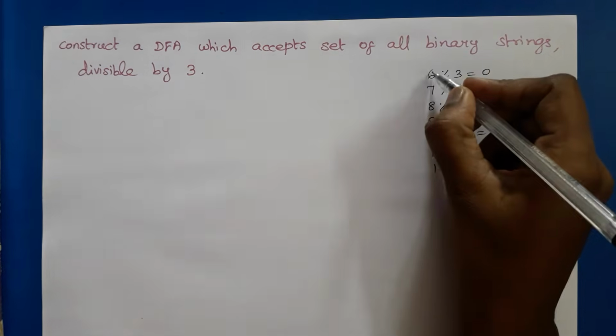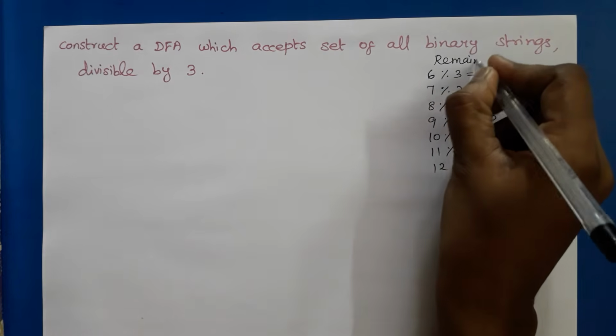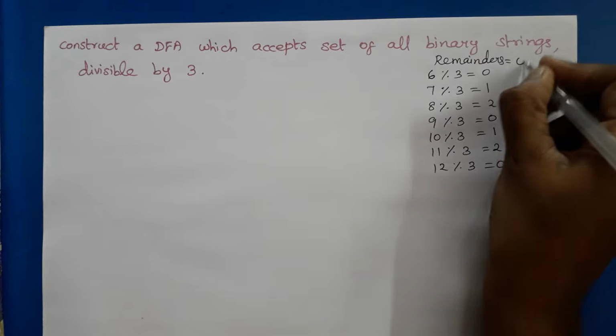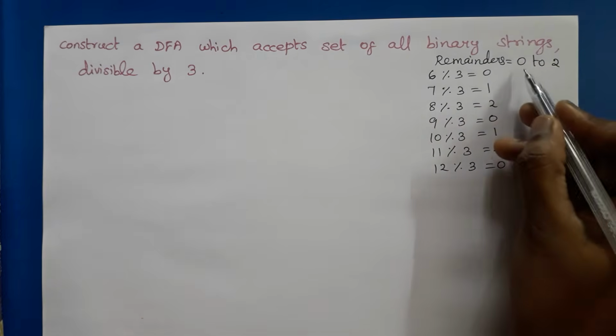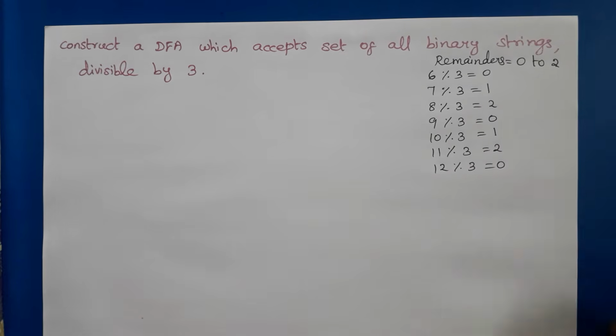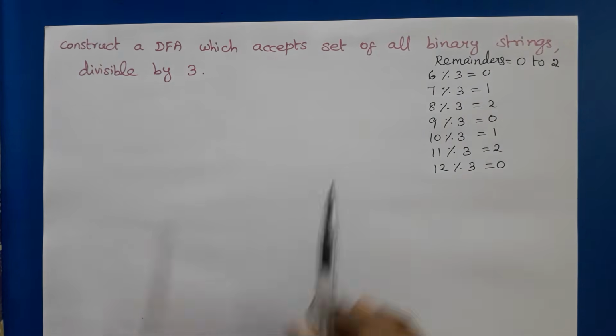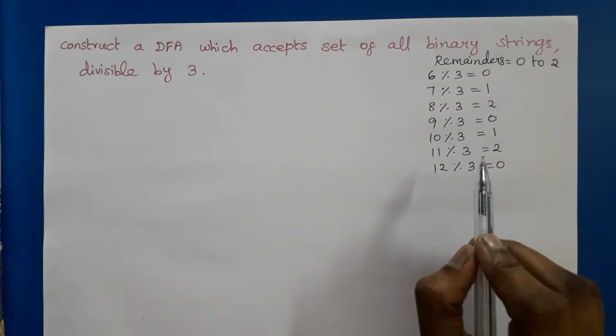So when we divide a number by 3, we will always get the remainders from 0 to 2, that is, 0 to divisor minus 1. So 0, 1, 2, 0, 1, 2, and it goes on. To construct a DFA, we need 3 states.